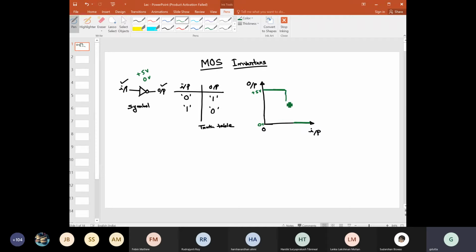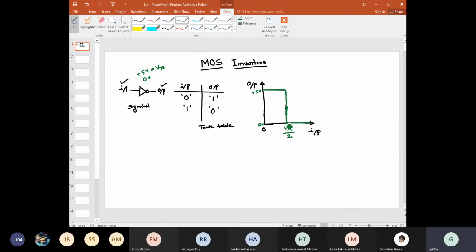It's not a slanted line; it is expected to be this straight vertical line, right? And if you say that this plus 5 volt is VDD, then maybe this is at VDD by 2. This is the transition point, where you are getting the switching, right?